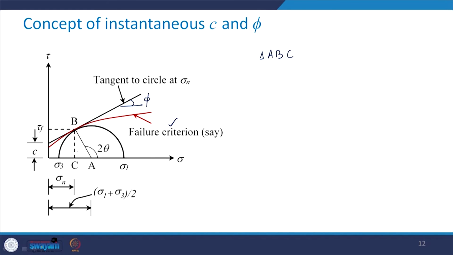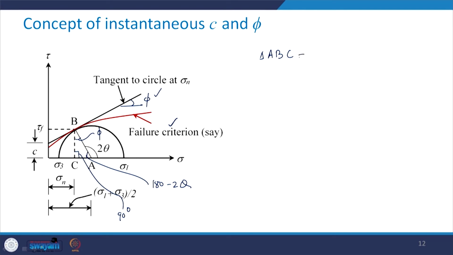And this angle is 90 degree. This angle is going to be 180 minus 2 theta. Now since this angle is phi, simple trigonometry would say that this angle is also equal to phi.